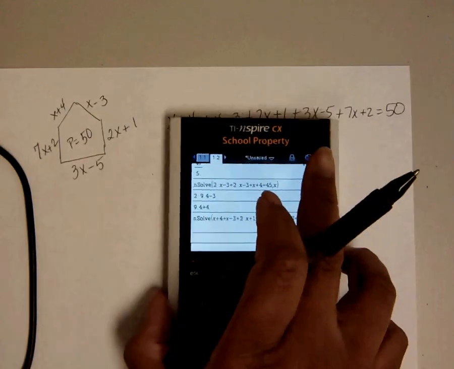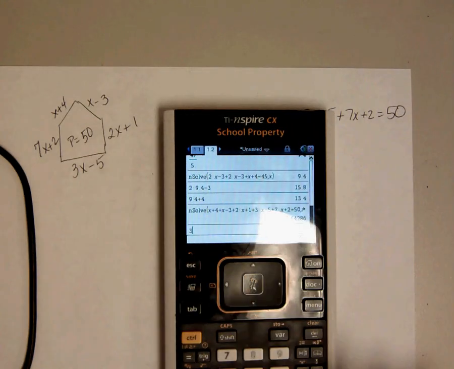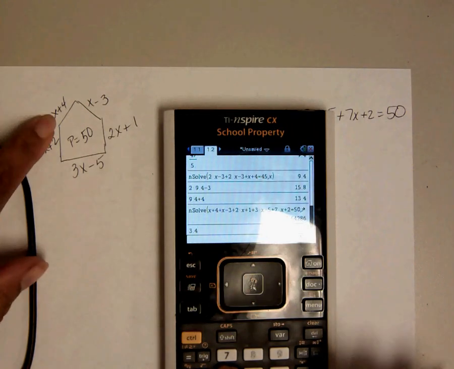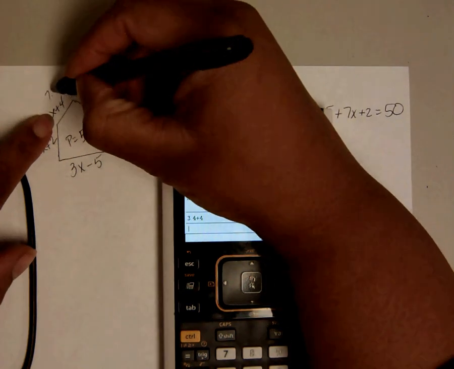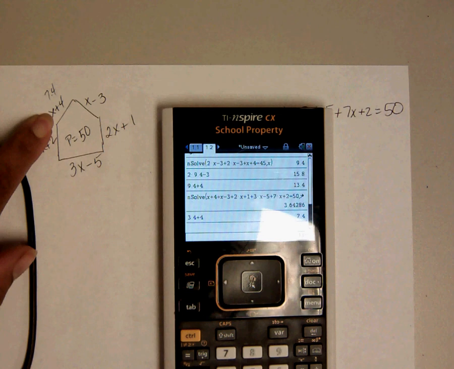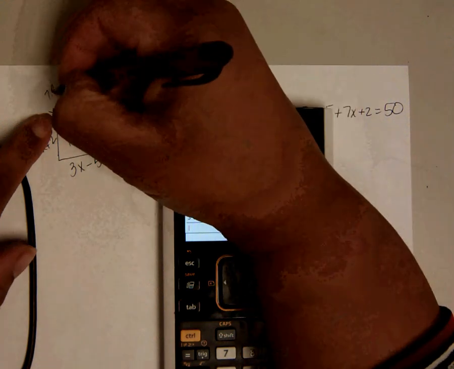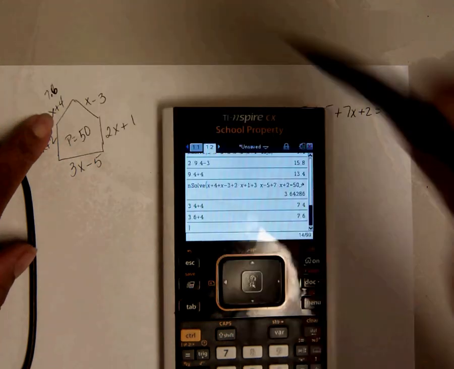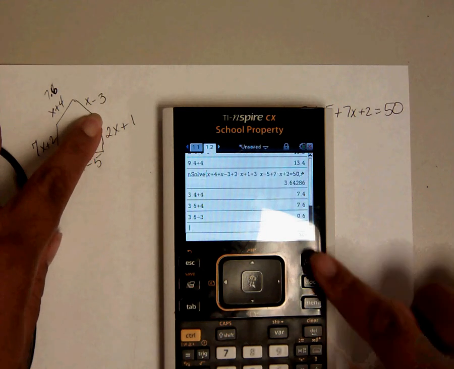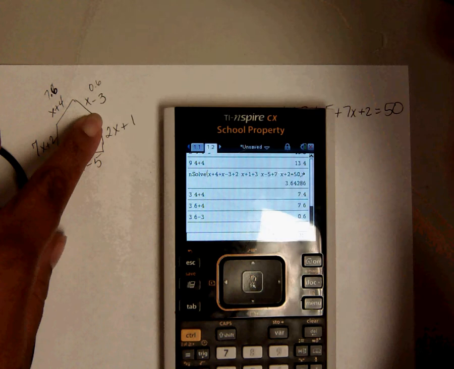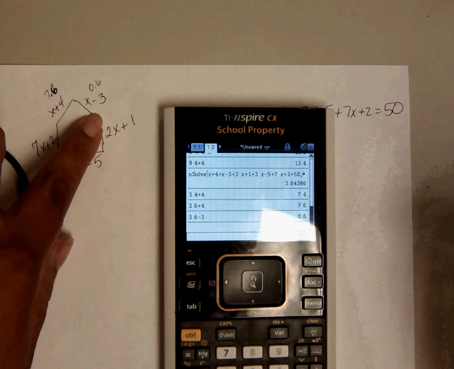So now I want to know which one is the shortest side. So we're going to plug in 3.6 in each one. 3.6 plus 4 is 7.6, sorry, I plugged in 3 at first, it's supposed to be 3.6. Okay, let's do it here. 3.6 minus 3 is 0.6. I'm looking for the shortest side.